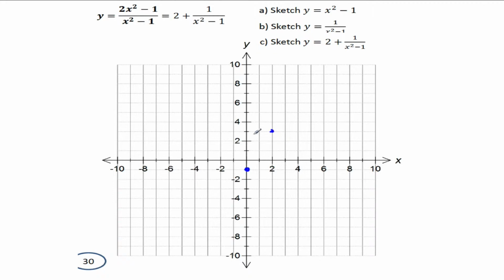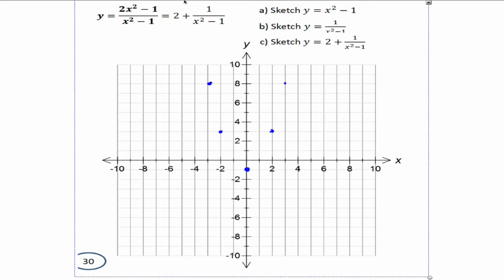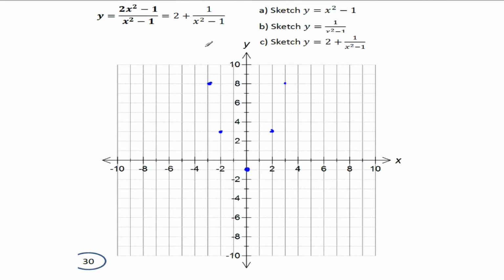We could do a 4 as well, so that's 16, that's too big. So 3: 9, 9 minus 1 is 8. Okay, so let's draw in a parabola there. You see, I've been on holiday, so I can't get the line to go through the point.